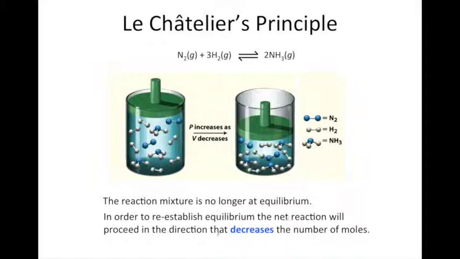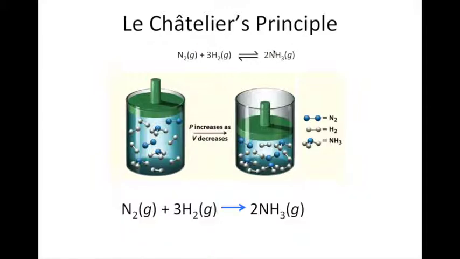In order to reestablish equilibrium, the net reaction will proceed in the direction that decreases the number of moles of gas. So Le Chatelier's principle tells us that the reaction will shift in order to decrease the number of moles of gas. Remember, over here on the reactant side, we have 4 moles based on our stoichiometry for every 2 moles of product. So which way will the reaction shift in order to reestablish equilibrium?